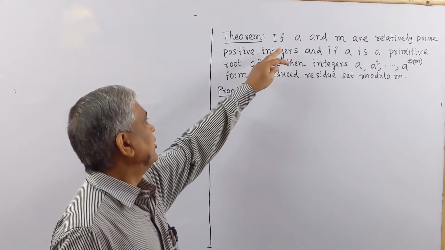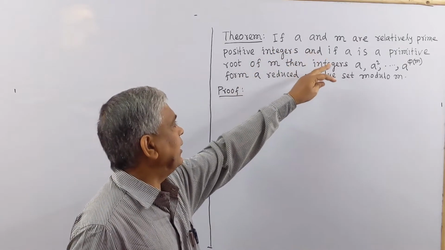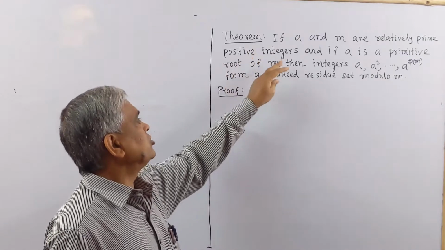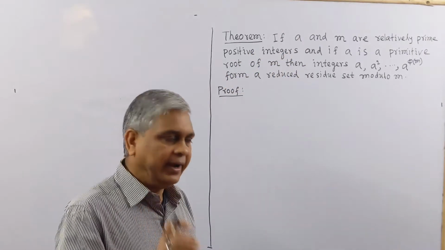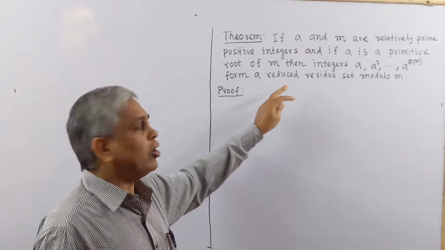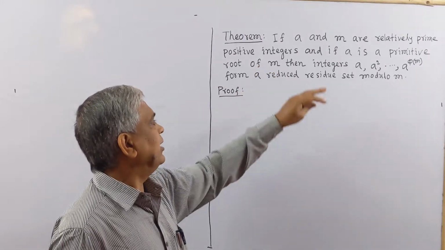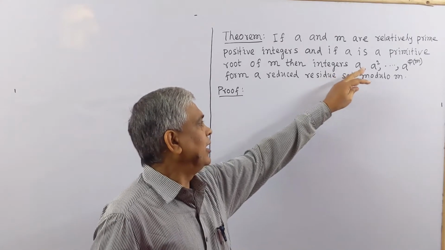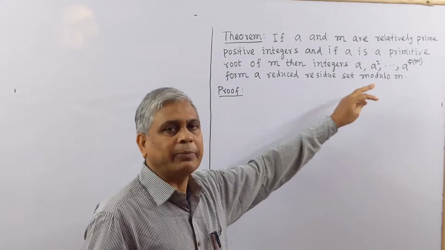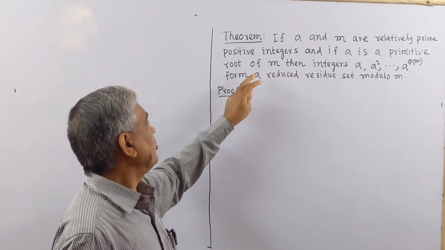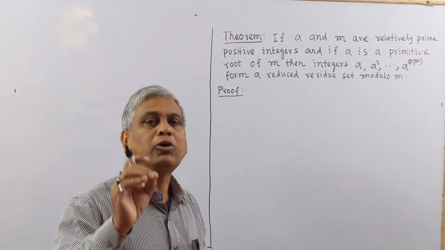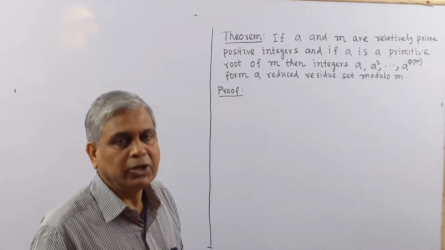Theorem is if a and m are relatively prime positive integers and if a is a primitive root of m, then integers a square, comma, a to the power phi m form a reduced residue set modulo m. Now we prove this.